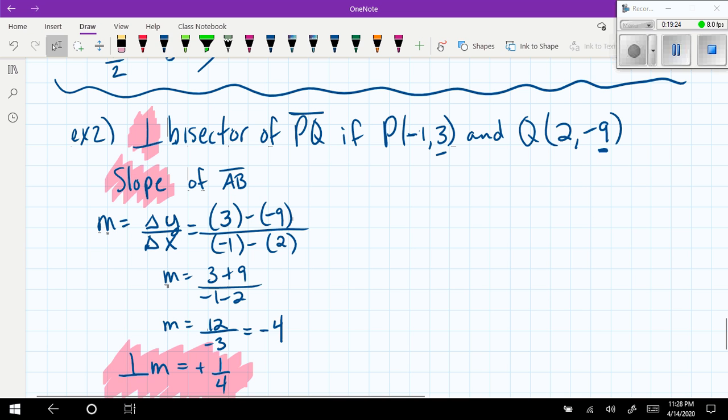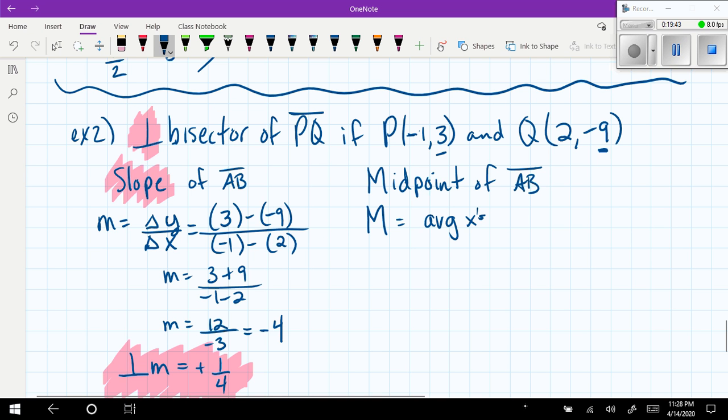So this time I'm going to need a bisector, so I'm looking for a midpoint of segment AB. Got to find where that middle is. So the midpoint is capital M, and that is the average of the x's, comma, average of the y's.